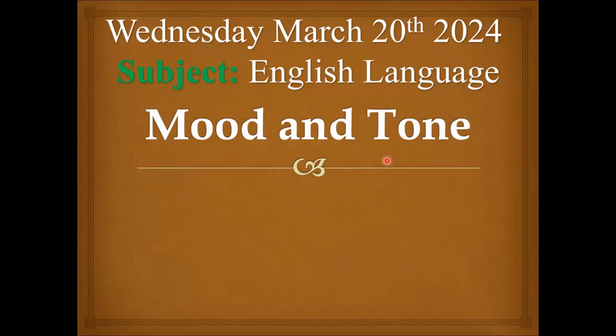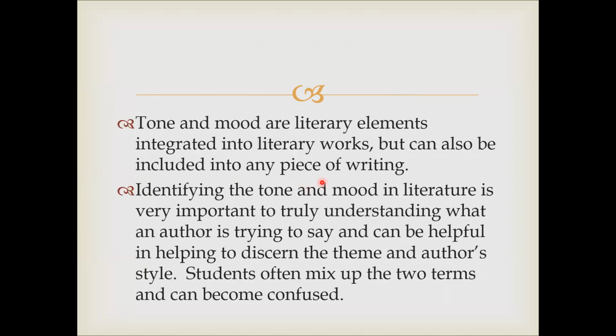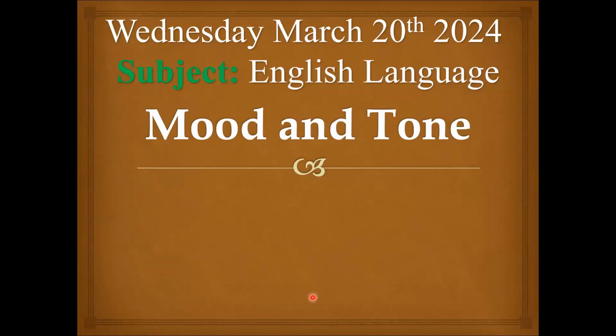Mood is how you feel about what they're saying, or how the writing or text makes you feel. There's a bunch of adjectives we could use to describe tone and mood. So let's begin with the definition of tone and mood.